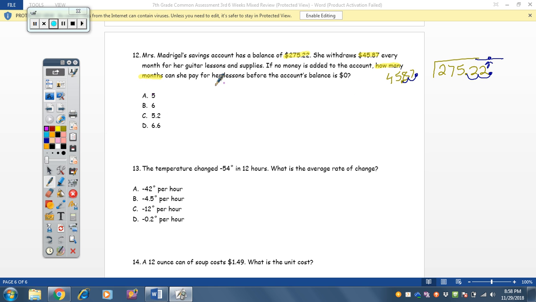or if it's ugly like this, you could do 4 multiplication problems. Because one of these will give you $275.22.